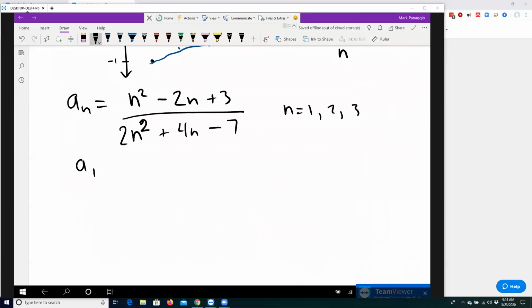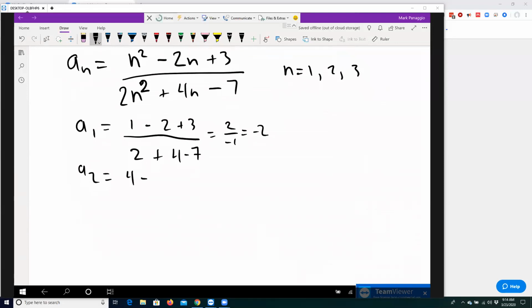And so we'll do that really quickly. a1 would be 1 minus 2 plus 3 over 2 plus 4 minus 7, which is going to be 2 over -1, so -2. a2 would be 4 minus 4 plus 3 all over 2 times 2 squared, which is 8, plus 8 minus 7. So that's going to be 3 over 9, 1/3.